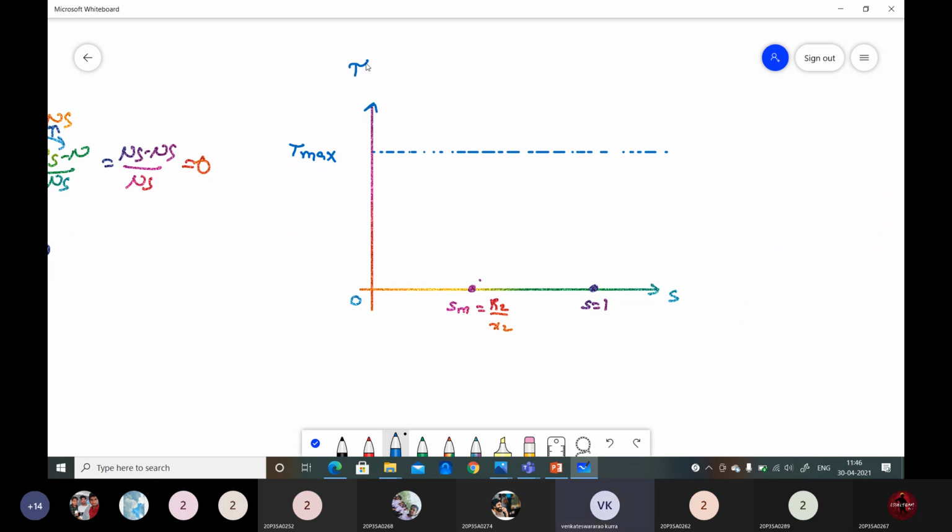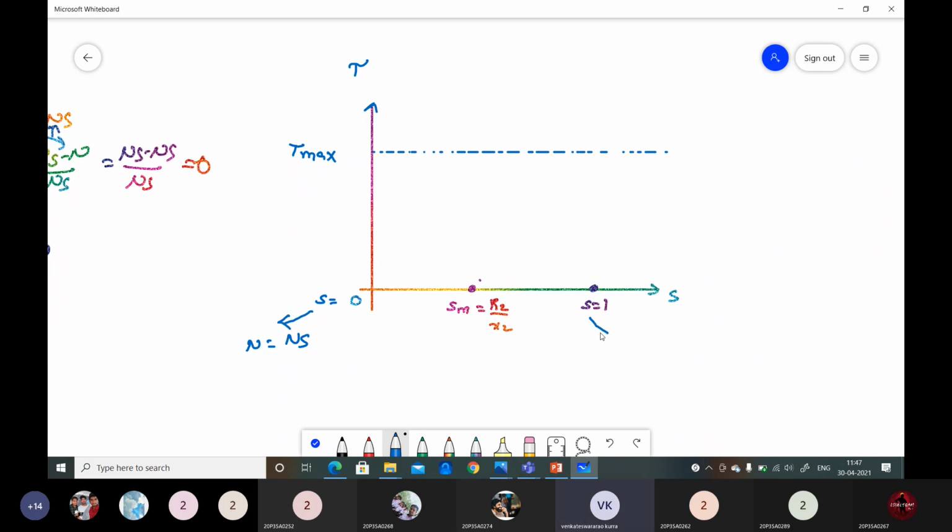This is our torque, variation of torque with respect to slip. Here slip is 0. So slip 0 means (ns minus n) by ns equal to 0, which means the rotor rotates at synchronous speed, n equal to ns at slip s equal to 0.